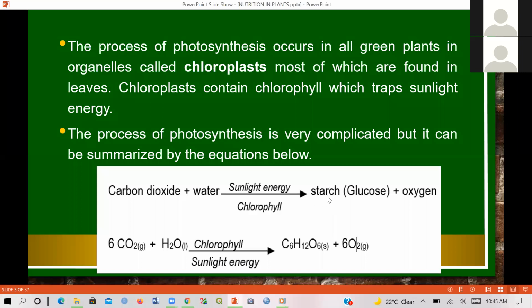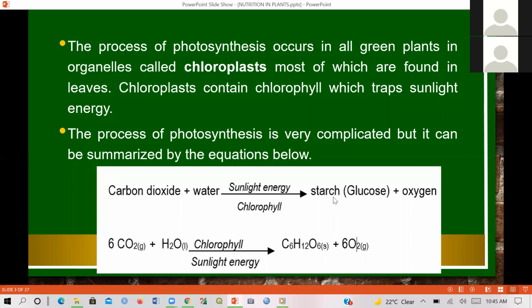So photosynthesis does not result in the making of starch immediately. No, it is instead the glucose that is made. Then this glucose is going to be used for other mechanisms that are taking place in the plants. Then the remaining one will be converted to starch and stored there.